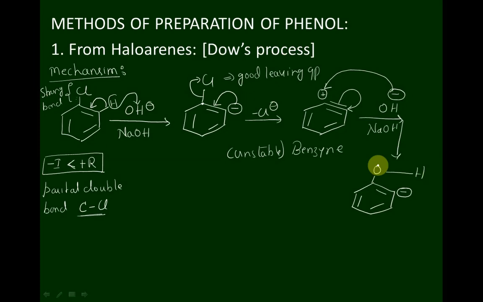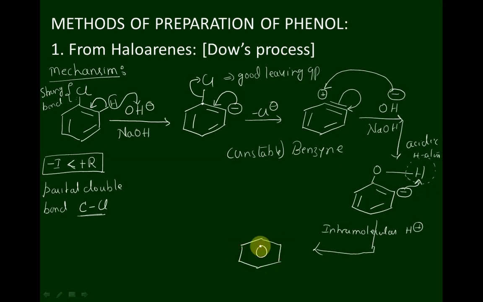Now, between oxygen and hydrogen, oxygen is more electronegative than hydrogen, and this hydrogen is called an acidic hydrogen atom. Therefore, here intramolecular proton transfer takes place. This negative charge attracts this hydrogen atom to form O minus, the phenoxide ion.